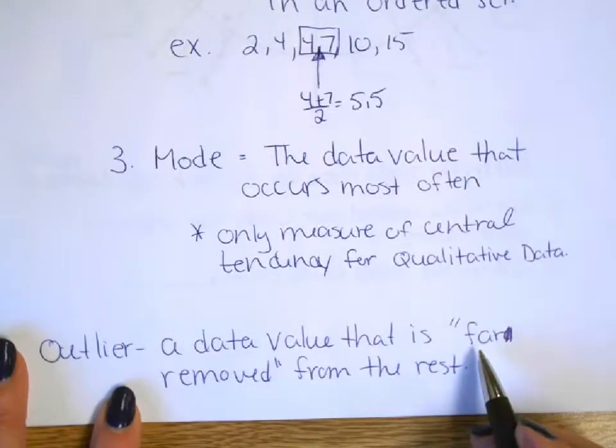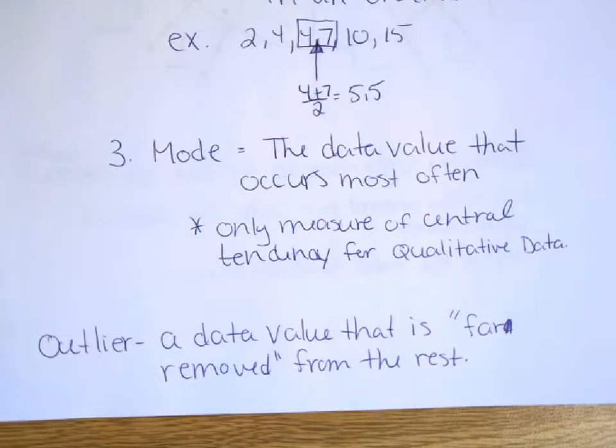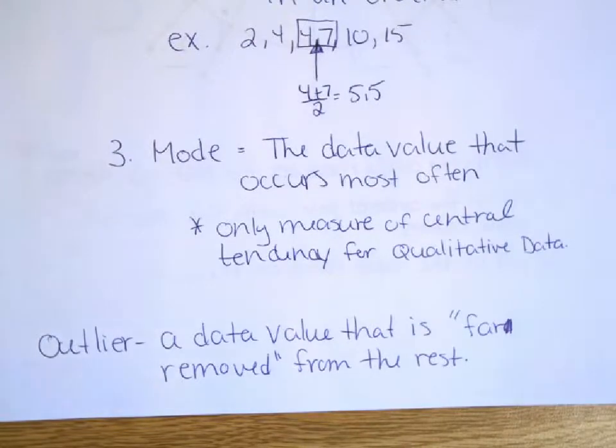Now, what's considered far removed, we're going to have a formula for that in another section, but for now it's going to be obvious when there's an outlier. And we're going to see what an outlier does to our three measures of central tendency.